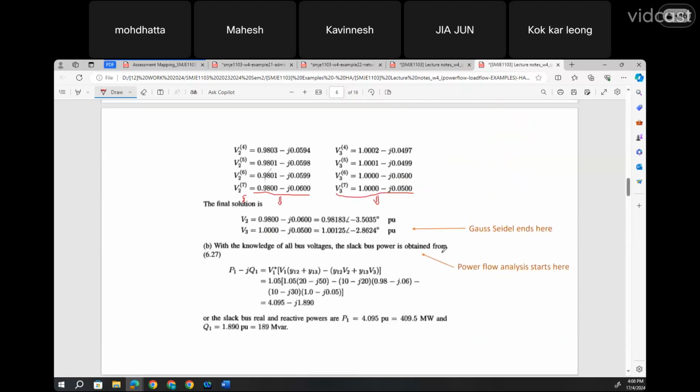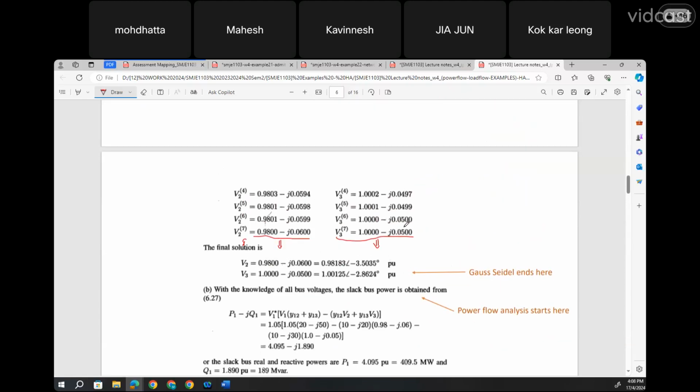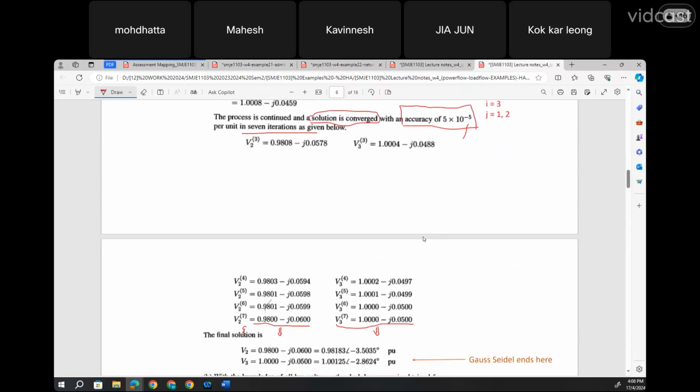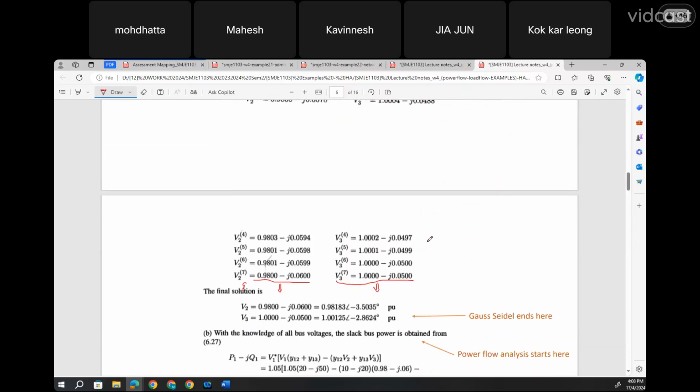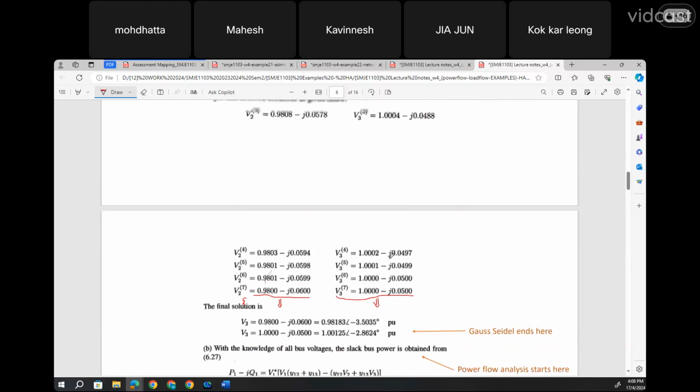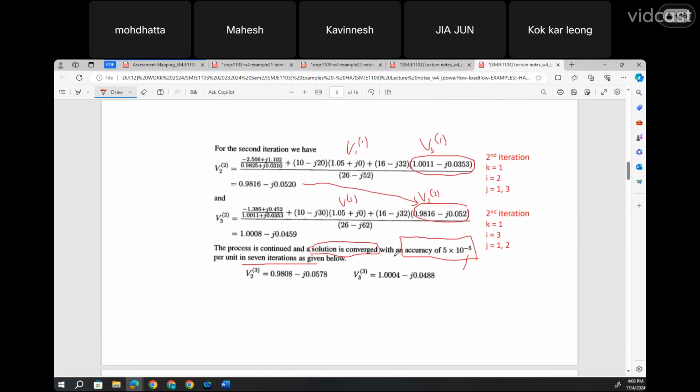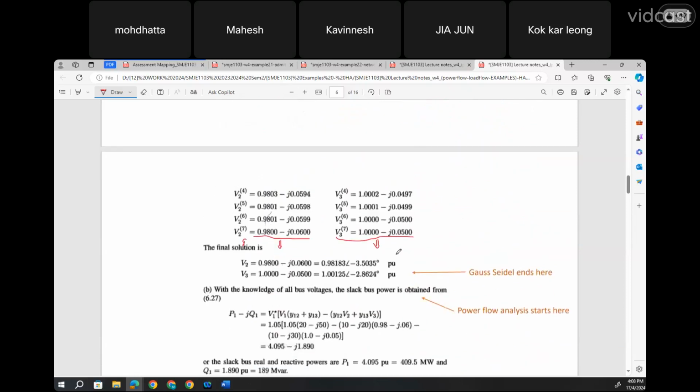Okay. In other words, I would say it doesn't matter. Maybe in some cases, during my time as a student, I received a question that says, do the Gauss-Seidel analysis up to the first iteration only. So actually, the iteration is like trying to guess the value of voltage at that bus bar or at that connection.